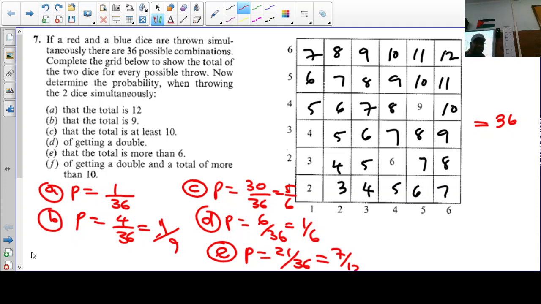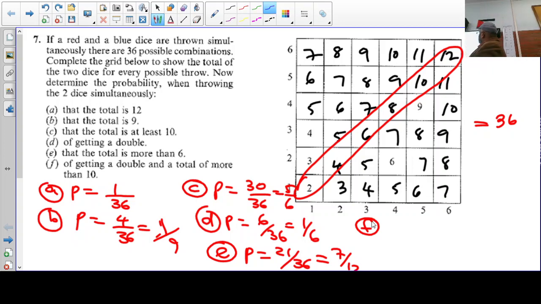People, you guys understand? And the last question, before we leave, I know you guys want to leave, is getting a double and the total is more than 10. A double, so remember, we highlighted the doubles, and it must be more than 10.